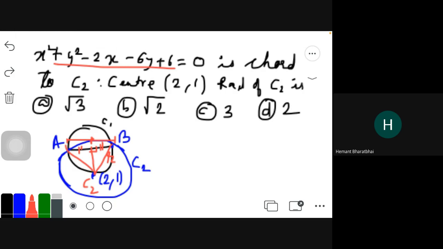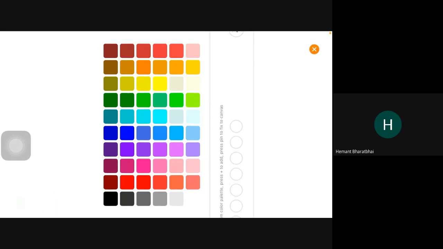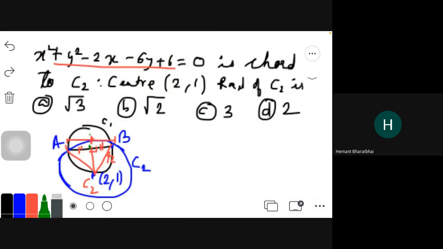Let me name this particular point as say M. So like the last numerical, I can find out the value of C2M. Once I get the value of C2M, I have the value of BM also. Then by applying Pythagoras theorem, my work will be done.